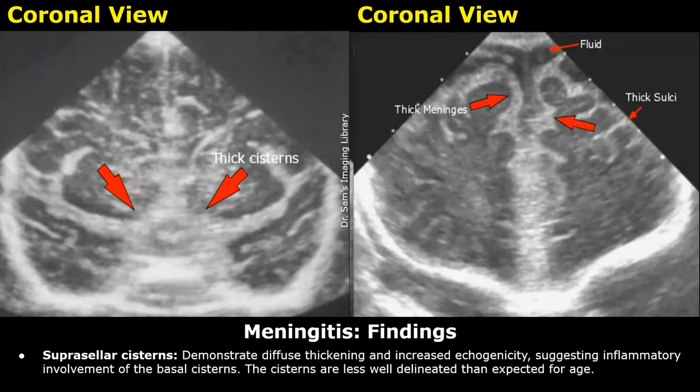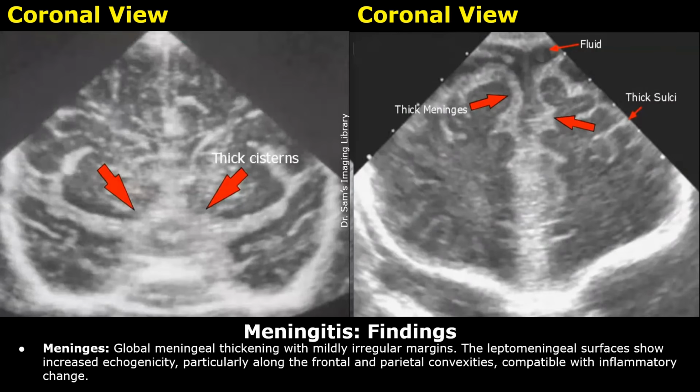This is the report. Findings: suprasellar cisterns demonstrate diffuse thickening and increased echogenicity, suggesting inflammatory involvement of the basal cisterns. The cisterns are less well delineated than expected for age. Meninges: global meningeal thickening with mildly irregular margins.